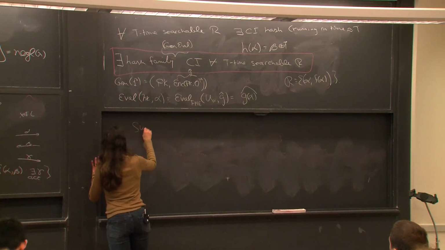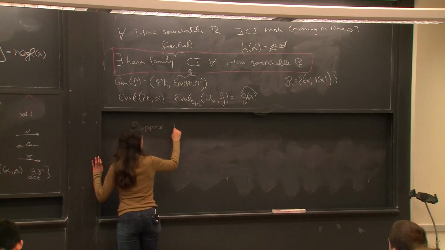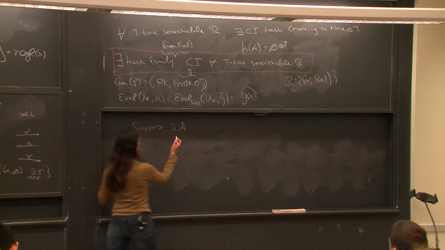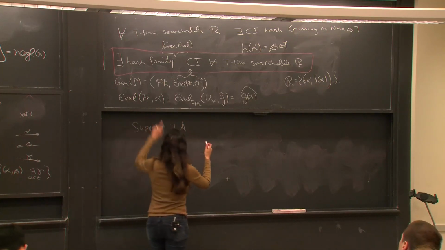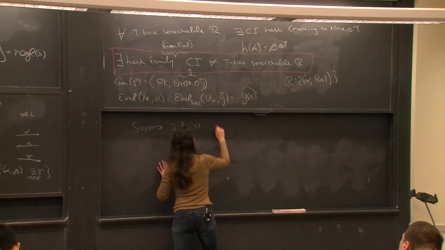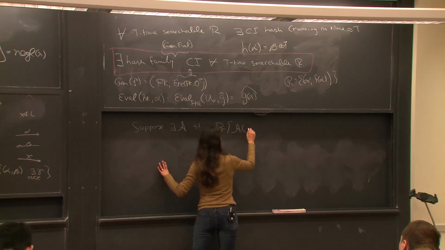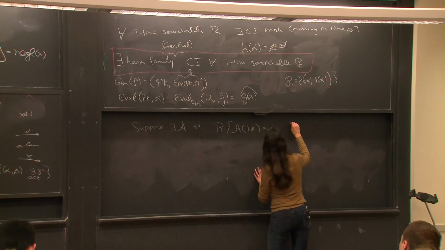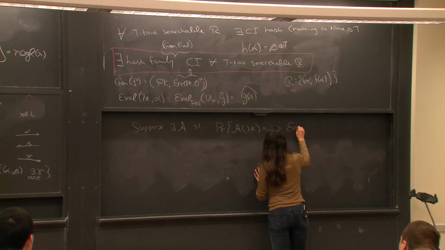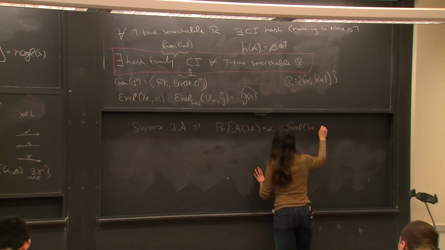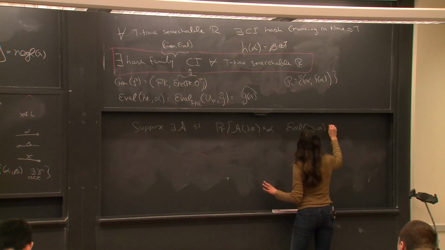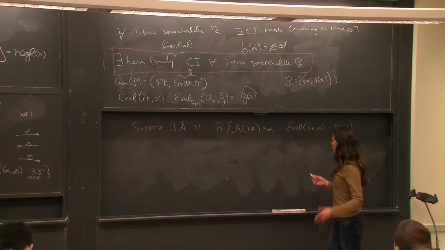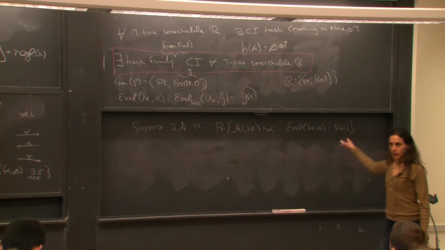Suppose there exists an adversary that, given the hash key, outputs alpha such that eval of hk and alpha is equal to f of alpha. That's what we want to avoid. We say you shouldn't be able to find something in the relation.